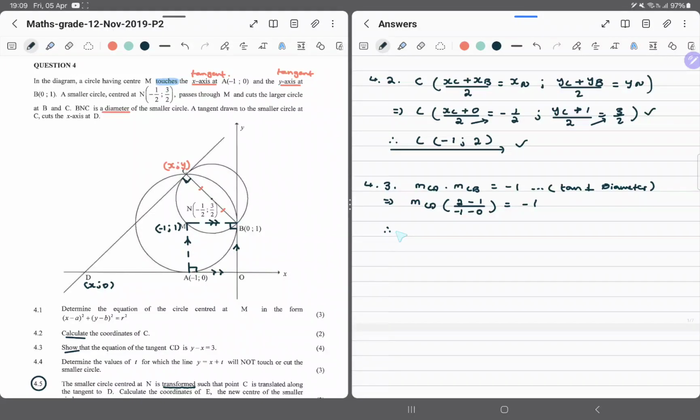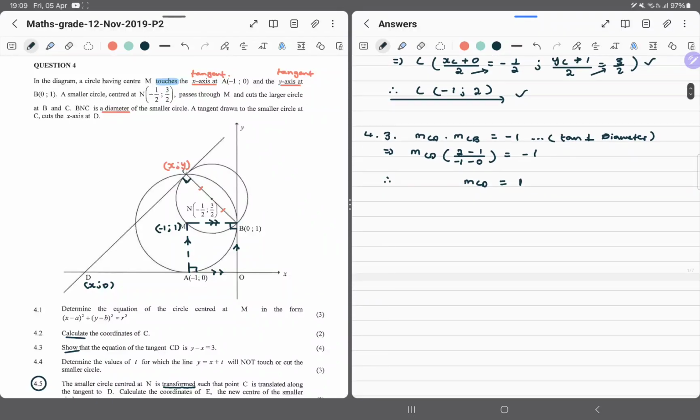And then I know I can make a conclusion that the gradient of CD should be, now I'm going to get a minus 1 here. So when I divide by minus 1 on both sides, I get a positive gradient of 1. Does it make sense? It does, because this is a positive slope. So whatever the value may be, all I know is that if it is positive, I'm most likely correct.